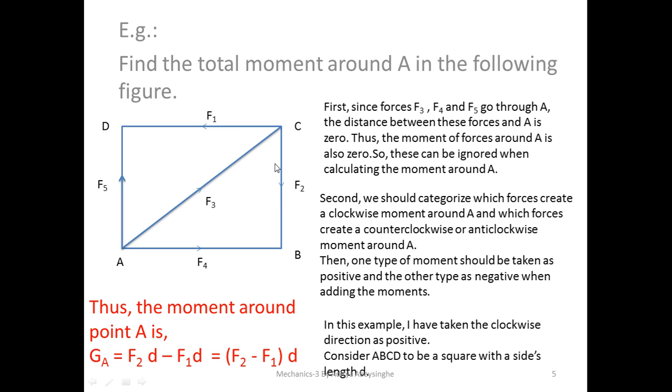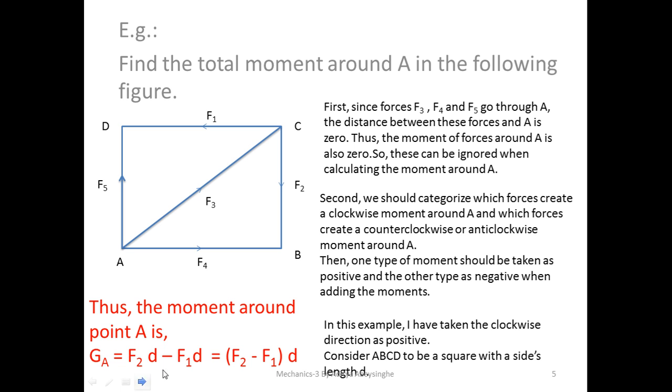We have to subtract that. So the moment created by F2 is the force F2 times the perpendicular distance D, that is F2D, and F1 creates a moment in the anti-clockwise direction, so we take the minus sign. That will be F1 times the perpendicular distance D, or the difference of forces F2 and F1 times the perpendicular distance.